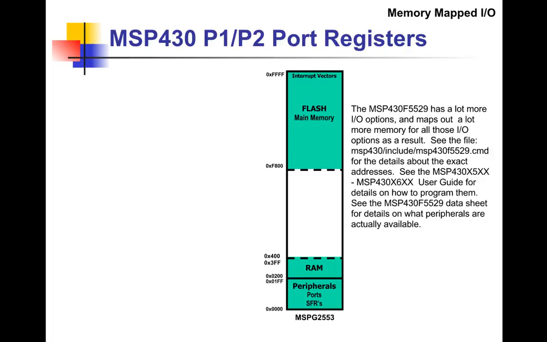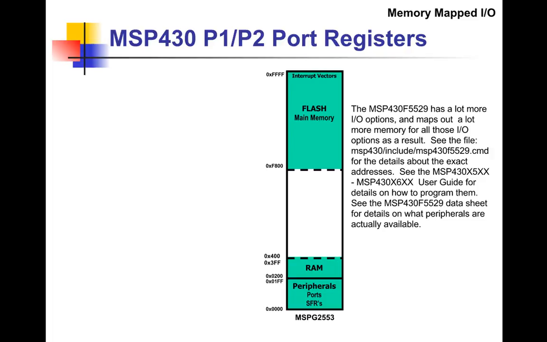So if you look up on top, we have the high memory. That's flash memory. In the G series, it's from F800 hex all the way up to the top, FFFF. That's flash memory.